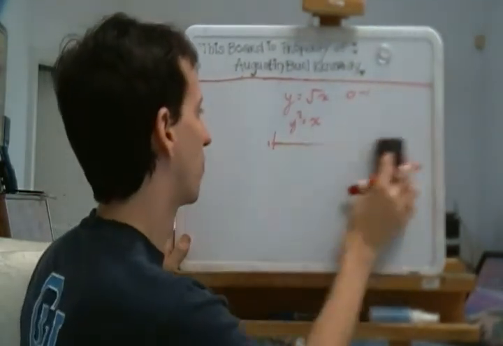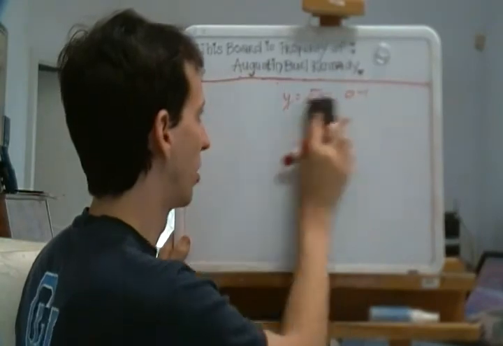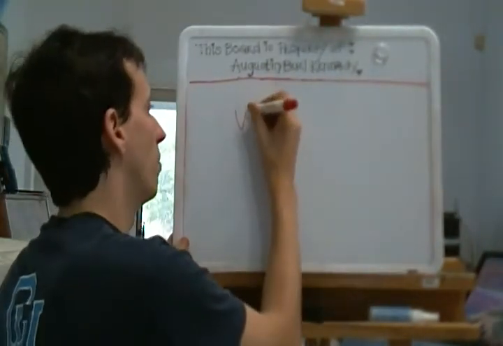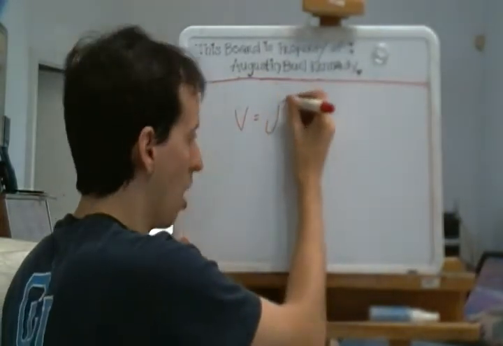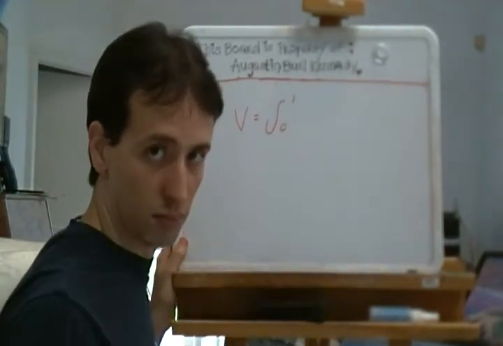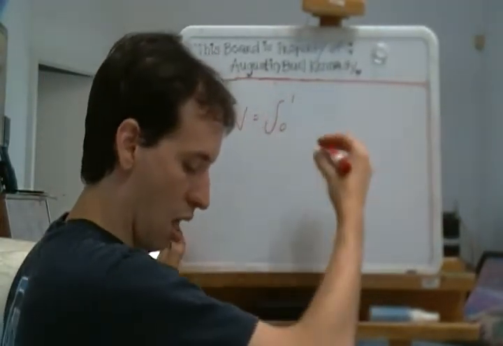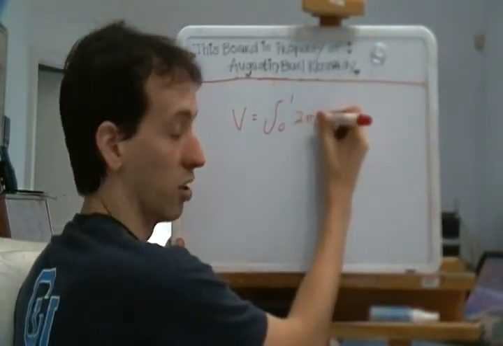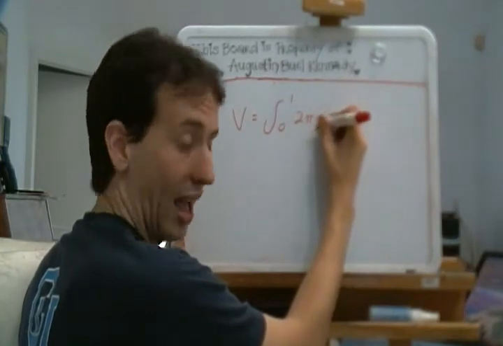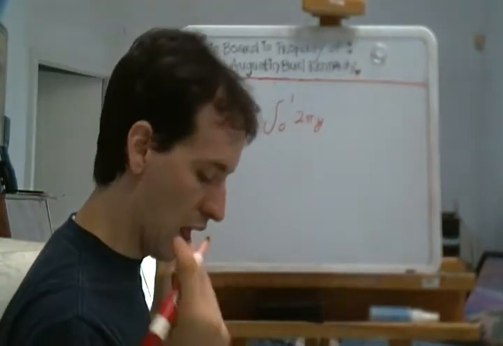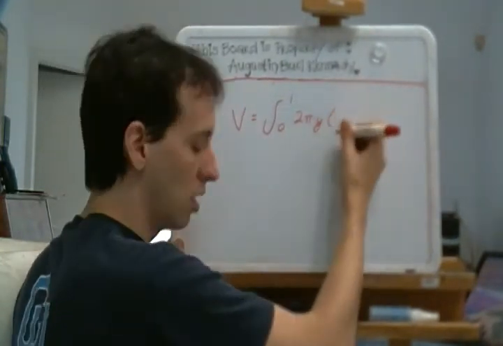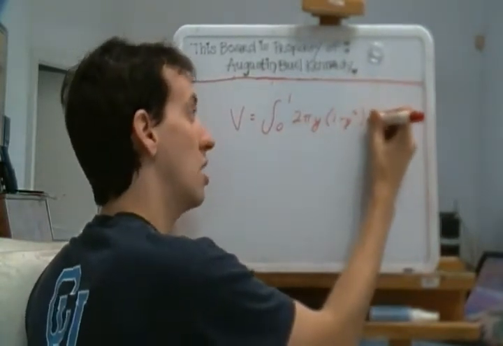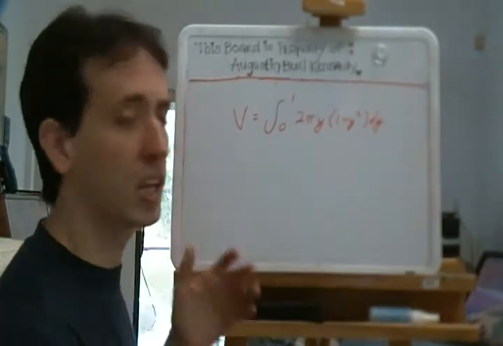Now, let's look at this in terms of an integral. We're going to have the volume from 0 to 1, stated before. Alright, 0 to 1, 2 pi, instead of 2 pi x, 2 pi y. Alright, f of y is going to be 1 minus y squared dy. Pretty easy.